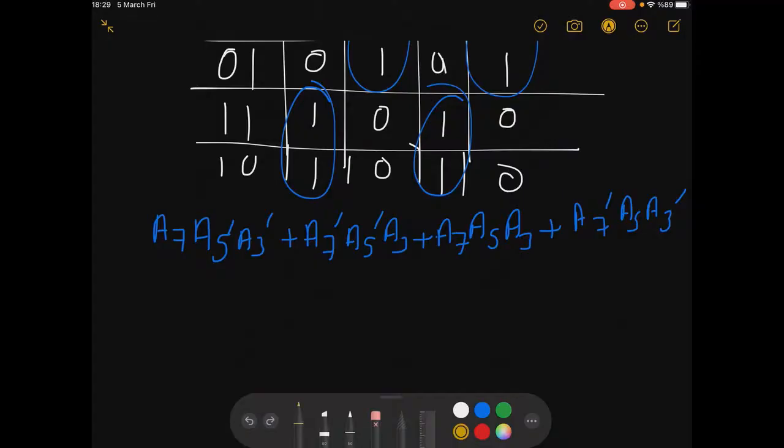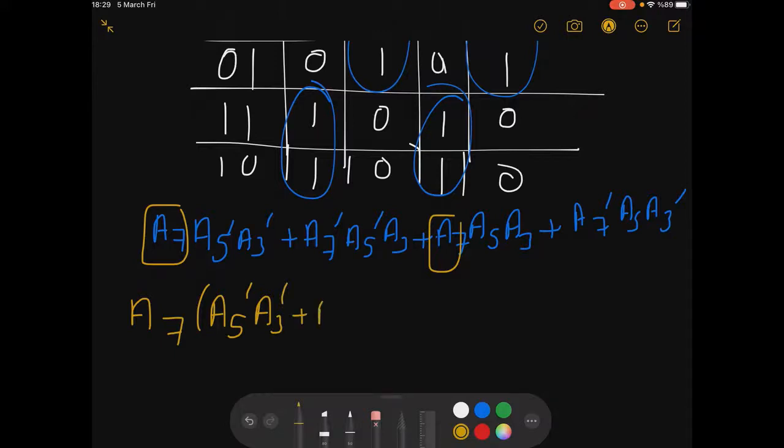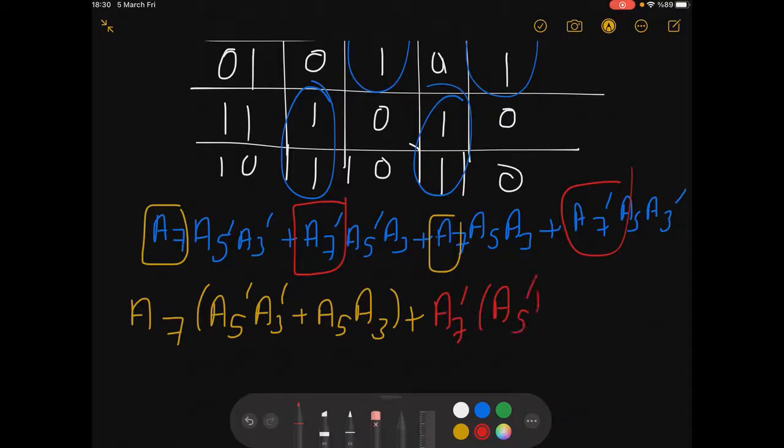If you take them in common parentheses, for example for A7, you will have an expression like this: A5, A3 plus. If you do this for A7 not as well, you will have A5 not, A3 plus A5, A3 not.